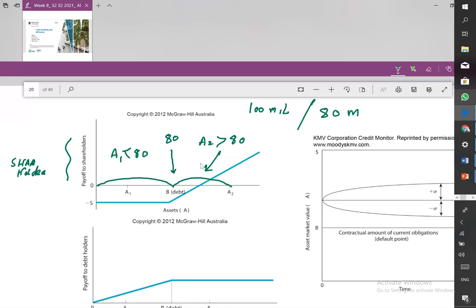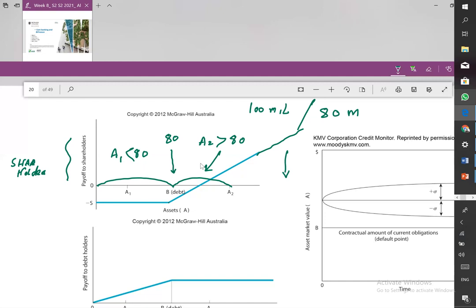And then when defaulting happens here, what will be the loss for this option, because they give the bank the option to take the value of the company. So what is the option for the shareholders? If the value of the company increases over the loan, their value will keep increasing.